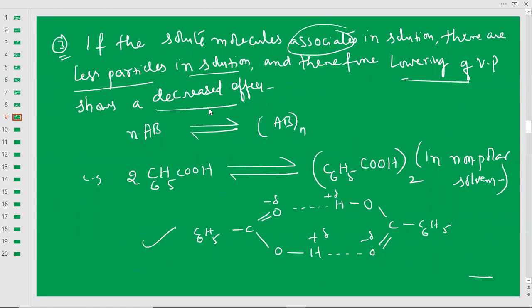That may change the lowering of vapor pressure, which is one colligative property. That may be because of some dissociation in the solution or association of the solute due to strong hydrogen bonding. So from this point, what we have understood is the relative lowering of vapor pressure, that is Raoult's law, is giving the most important relation between the mole fraction and the vapor pressures. Okay.